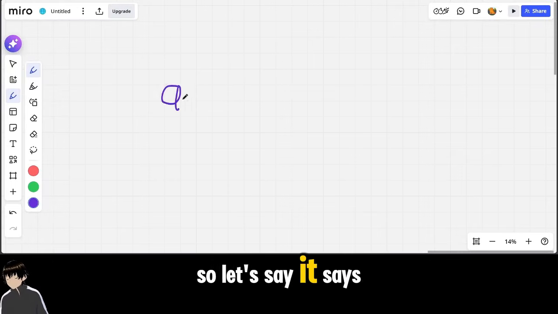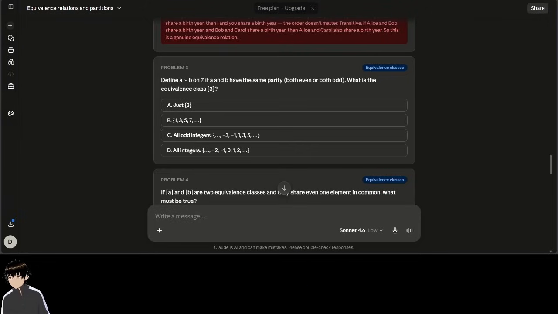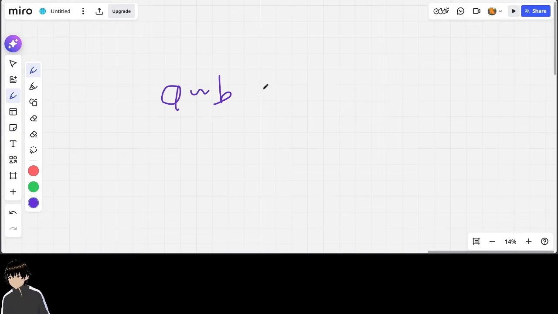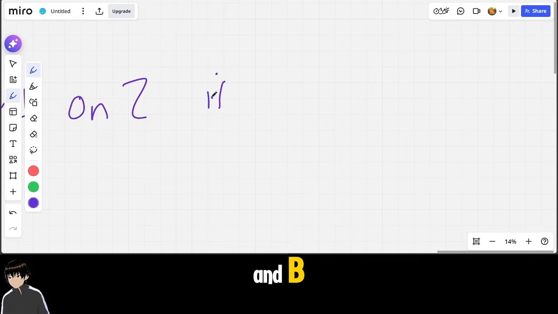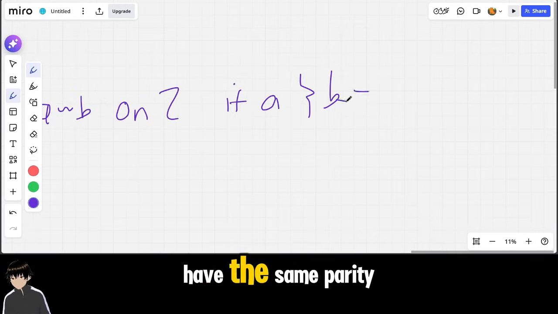It says here that A is related to B on the set Z if A and B have the same parity.